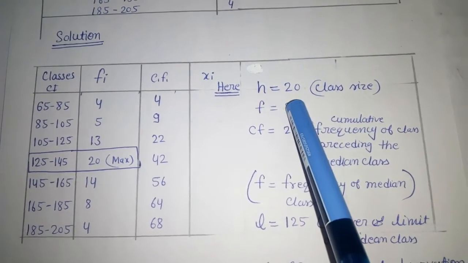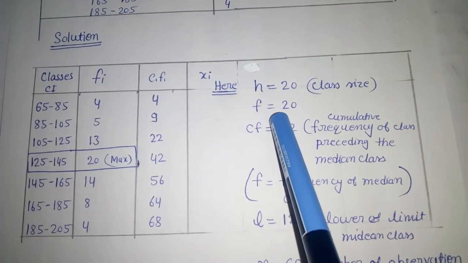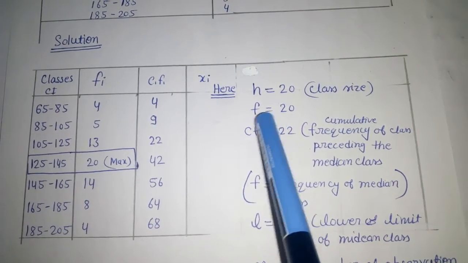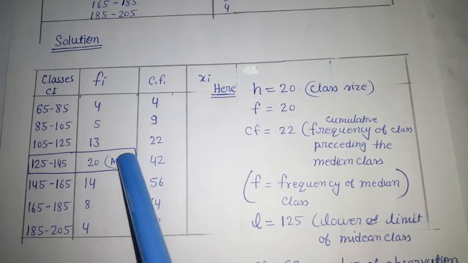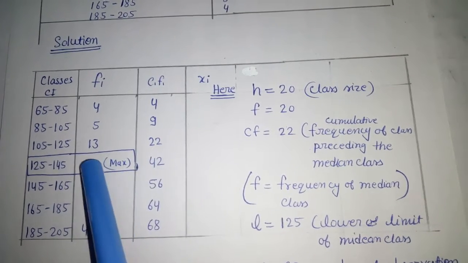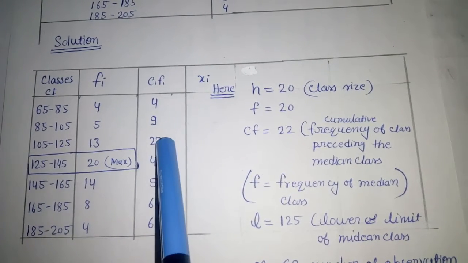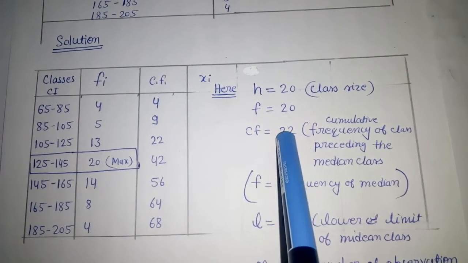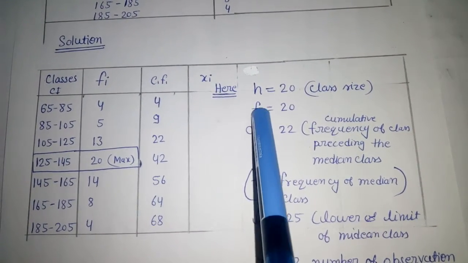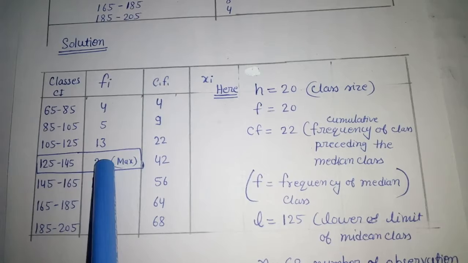So H is equal to 20, we have already discussed. F is the frequency of the median class. The cumulative frequency of the class preceding the median class, meaning just before this interval, is 22, so CF is 22. F, the frequency of the median class, is 20.